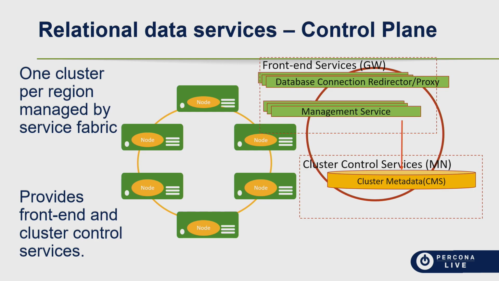Besides that, there's one important thing we call the connection redirector. Why is it here? When we get an instance from Azure, you get a DNS name, which says where your services really are. But this is actually not the node which is running your service.